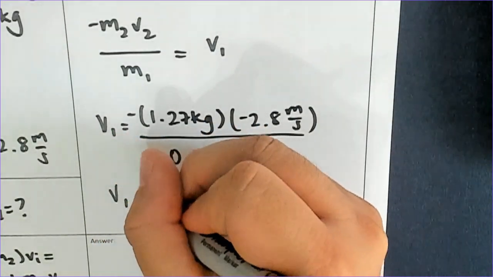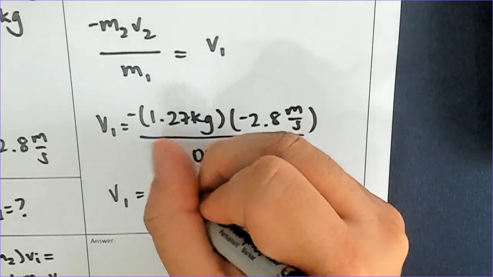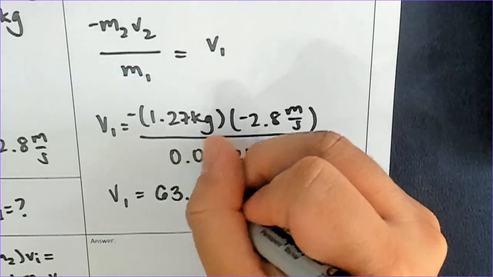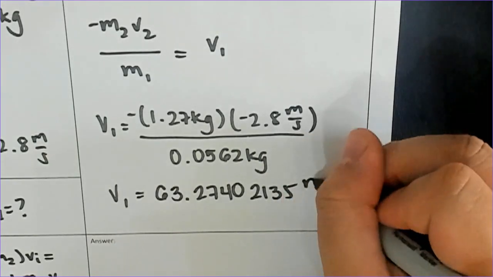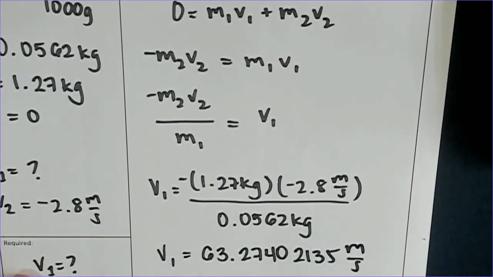So it's really, really fast. And I think it makes sense because after being propelled by a cannon, your tennis ball will really go far. So that's 63.27402135 meters per second.